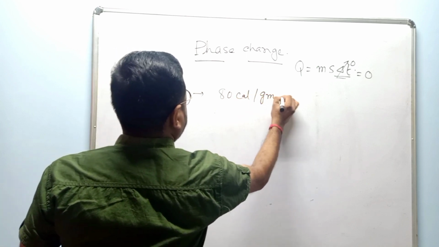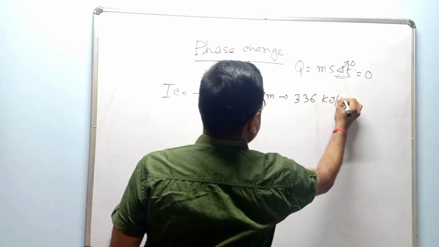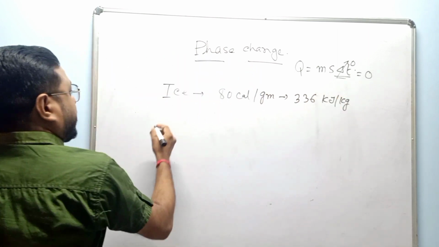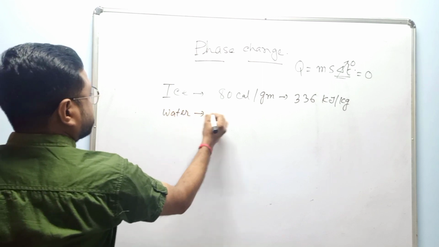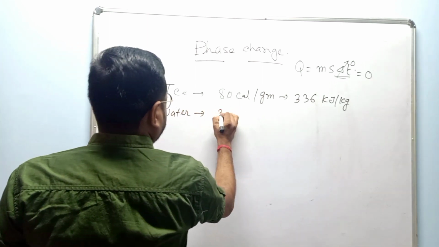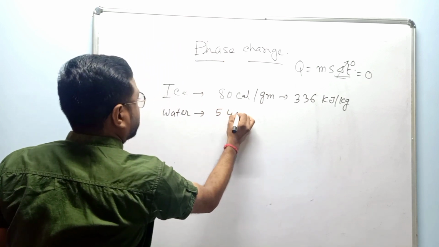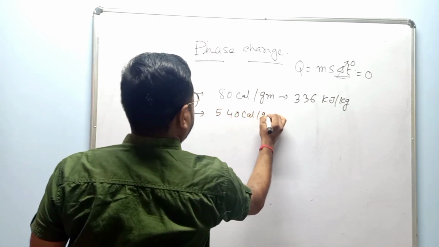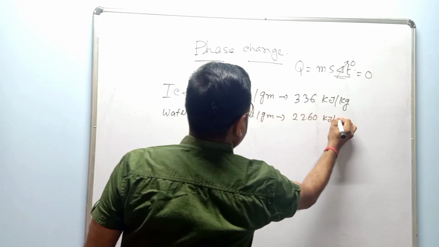In SI it is 336 kilojoule per kg. And the latent heat of vaporization of water is 540 calorie per gram or 2260 kilojoule per kg.